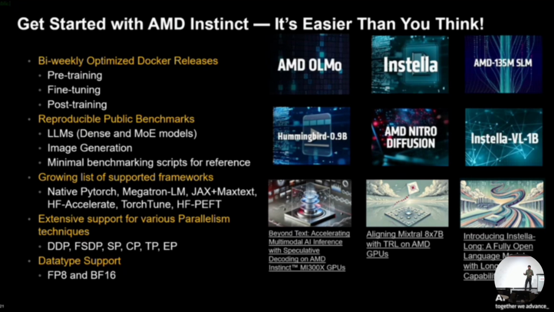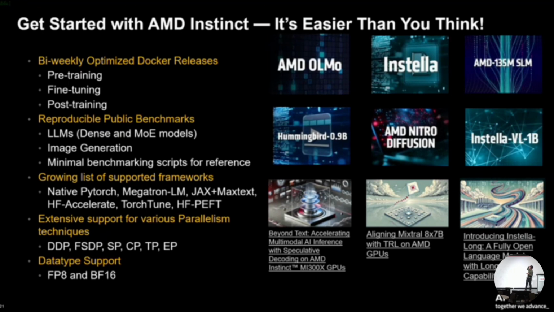What this does is it makes sure that the latest models get really good performance on AMD devices. These Dockers support language model generation, image models, video generation, and multi-modal models. So we keep expanding the scope of these Dockers. And they also support different libraries: PyTorch, JAX, MaxText, Megatron-LM, Hugging Face Accelerate. There are quite a few that are popular, but we support all of them.